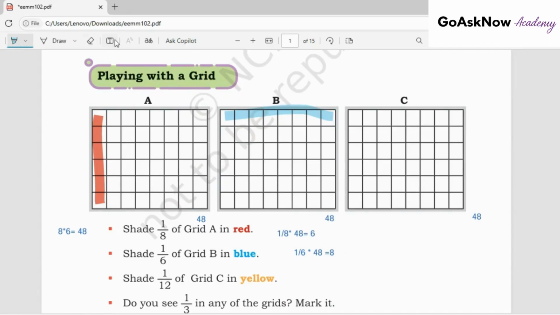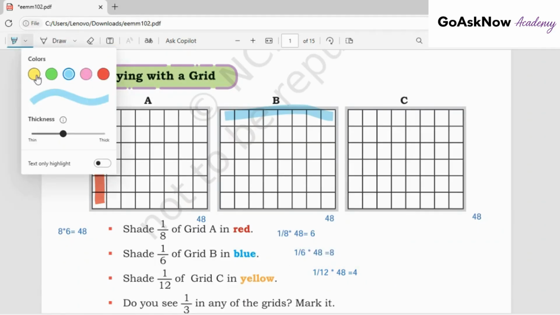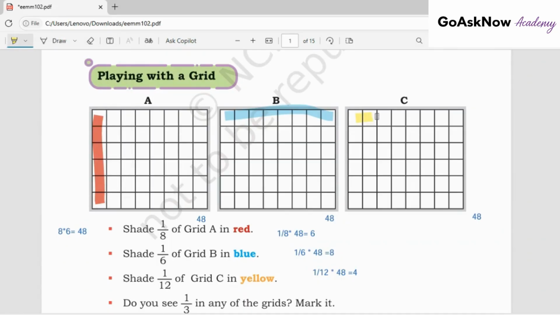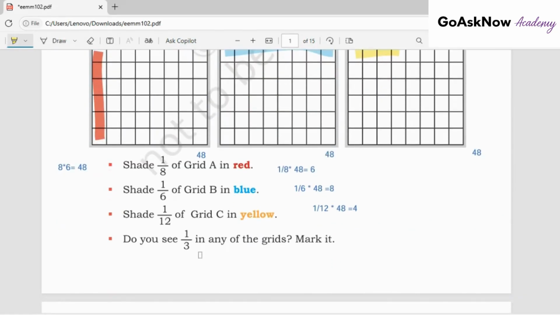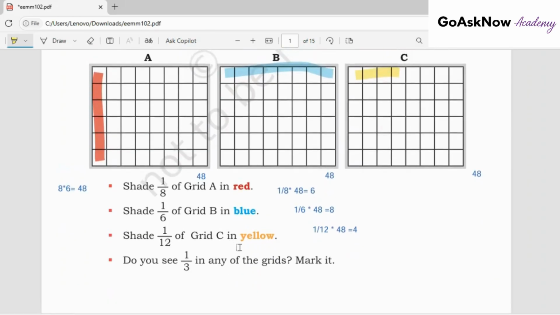Next, we have to calculate 1 by 12 into 48, which is 4. Now we have to underline the 4 in grid C. Now, do you see 1 by 3 in any of the grids?